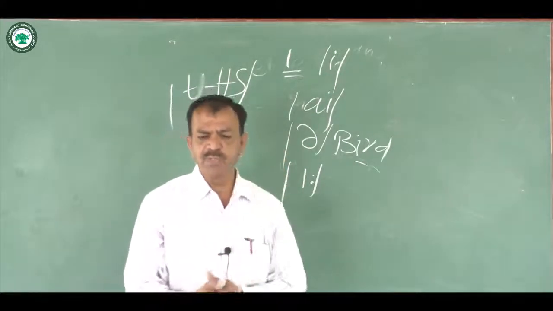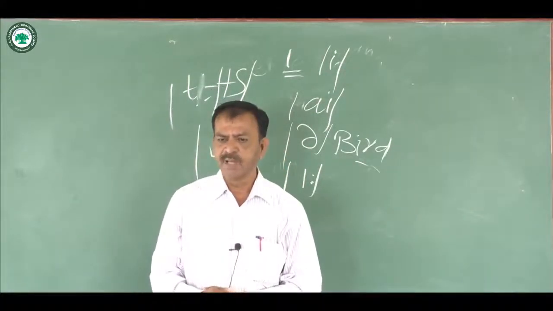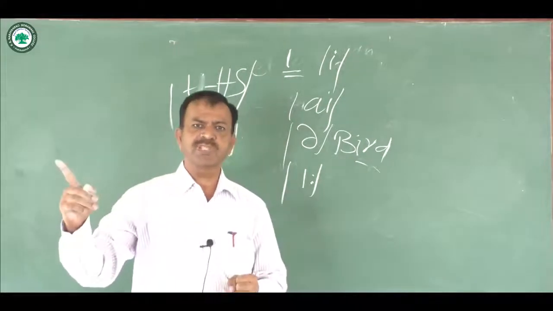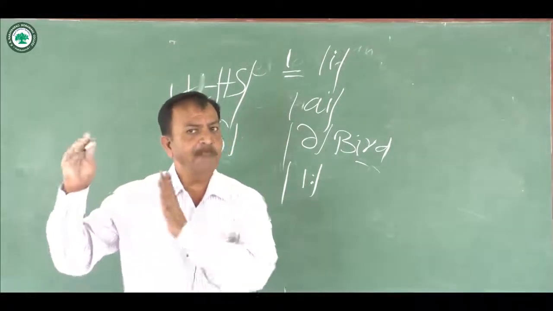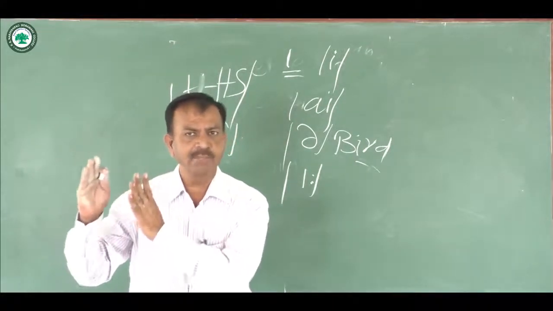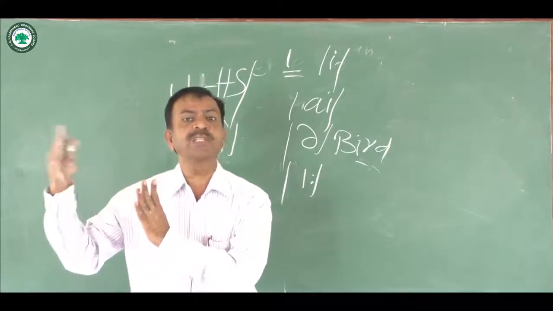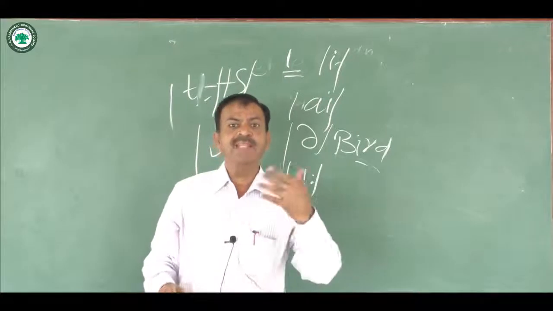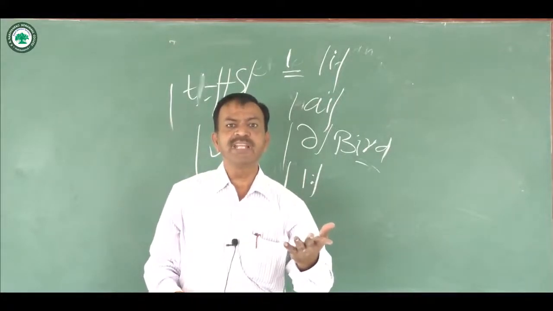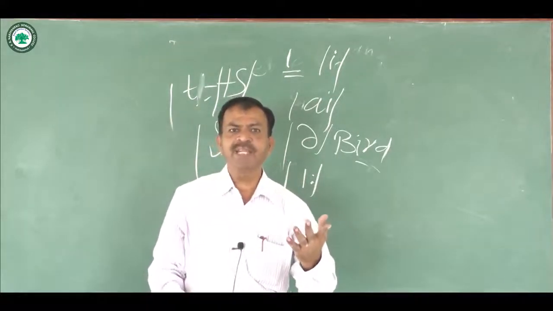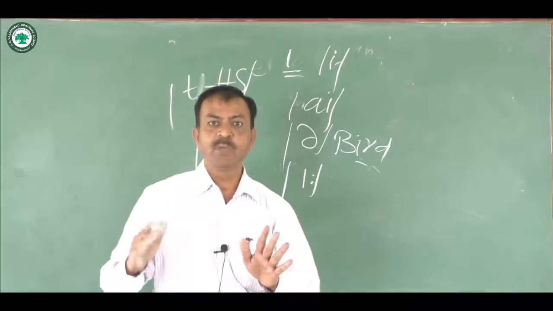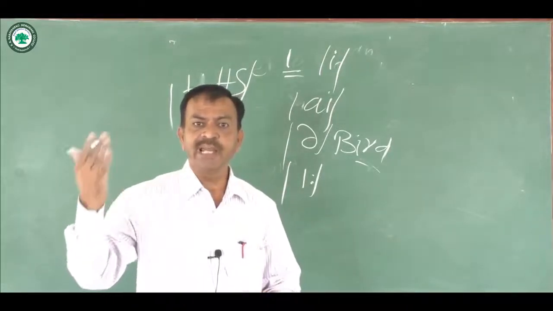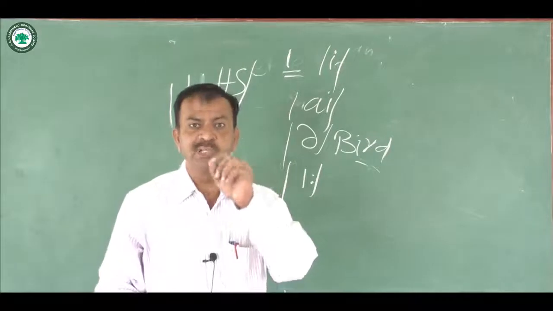I would like to give you certain examples of it. For example, talks. Now see the final letter S. We pronounce it as s in talks. Okay, but in the word bags, we never say it with s. The last S is pronounced as z.